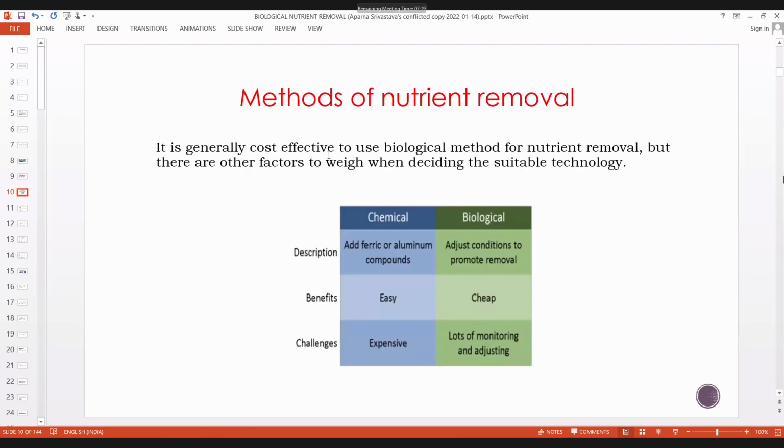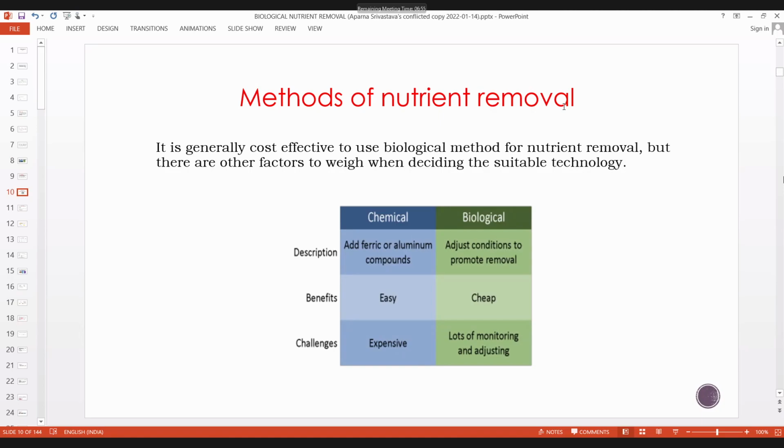So methods for nutrient removal, you just see in physical method, generally one method is popular, that is air stripping. So here I am discussing only two methods. Not discussing, I am trying to compare. How I am going to compare? You just see, it is generally cost effective to use biological method.